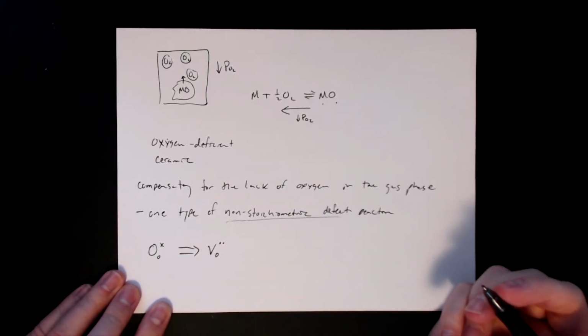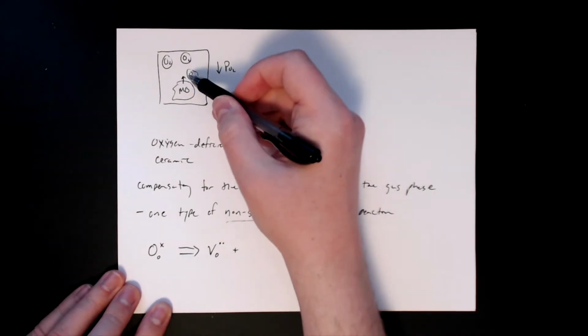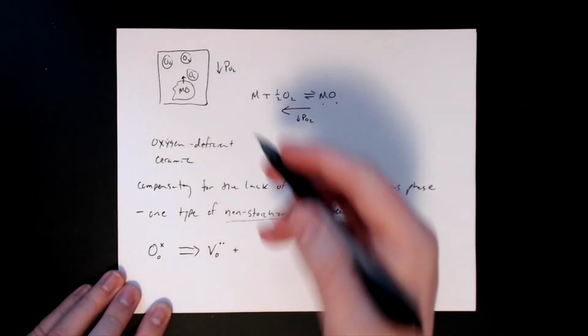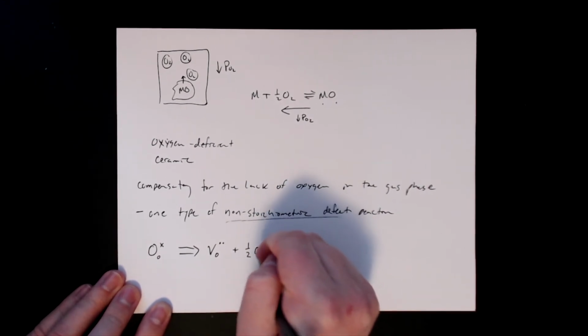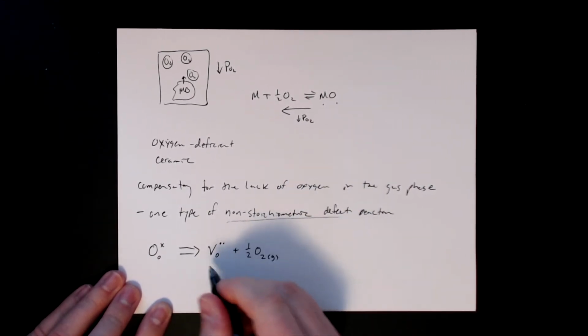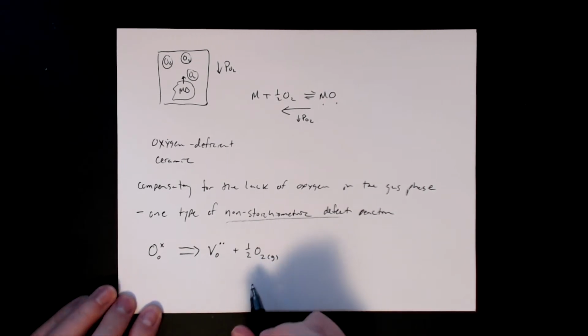And we know that the O2 was coming off and contributing to the gas phase, so we can write that as 1/2 O2 for each vacancy. I'll just write that as the gas phase.